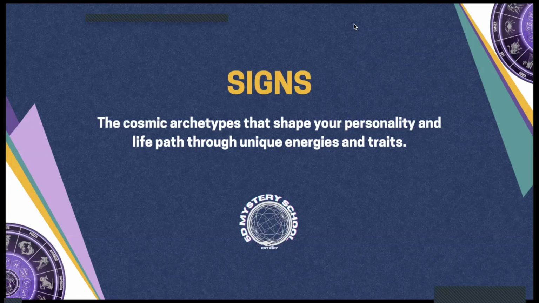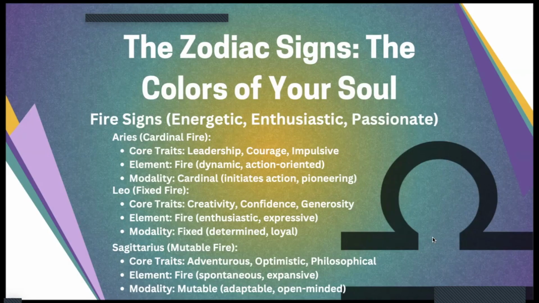Cosmic archetypes. The zodiac signs are the colors of your soul. The houses are the areas of your life. The planets are your inner life forces. The signs are the colors of your soul, how you go about expressing that energy in that area of your life.